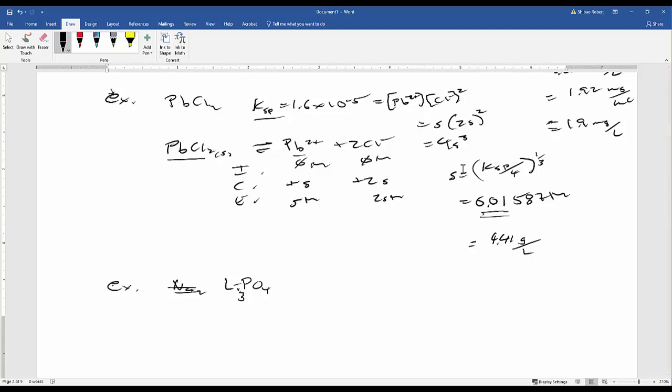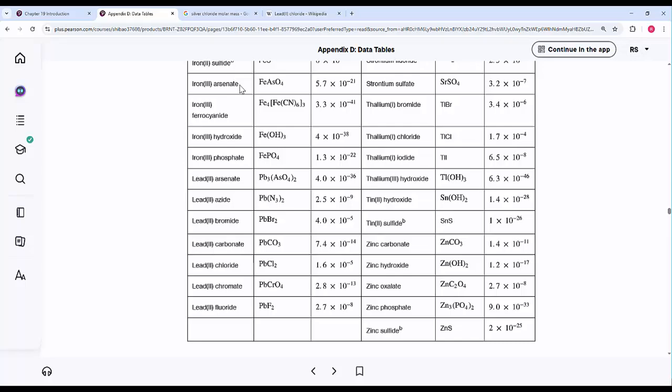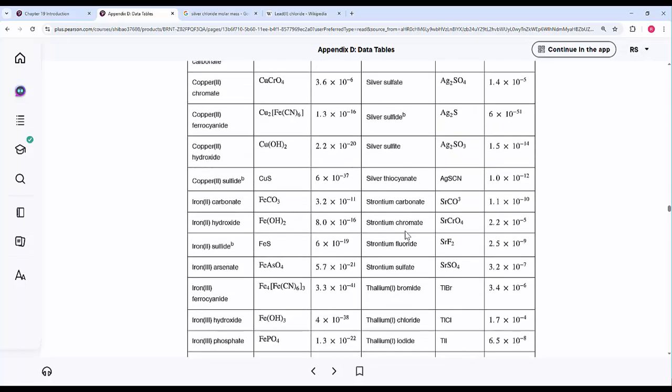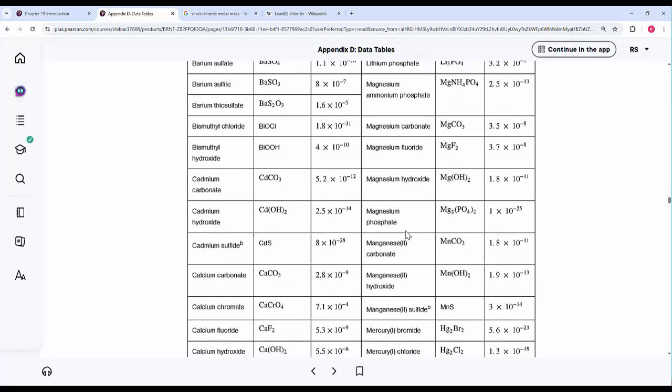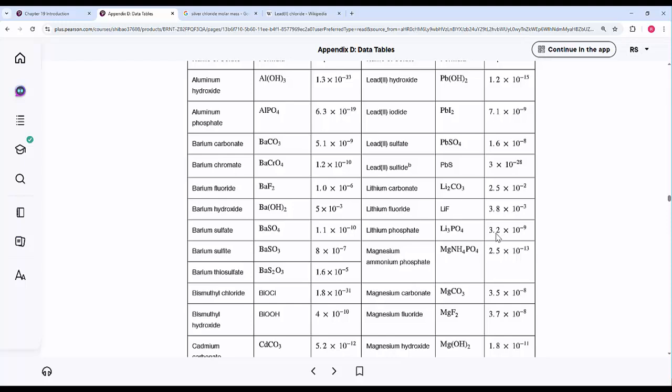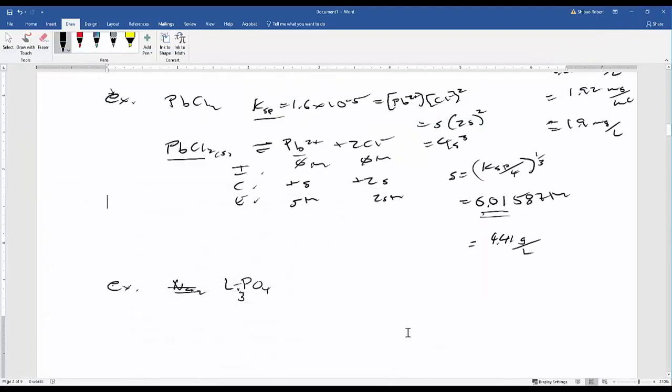Lithium phosphate, however, was classified as insoluble here. So we can take a look at lithium phosphate as far as the KSP value. 3.2 times 10 to the minus 9. It's quite a bit less soluble. But the reason I'm bringing up lithium phosphate is this is going to have a different splitting pattern.